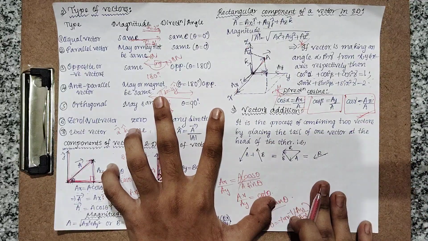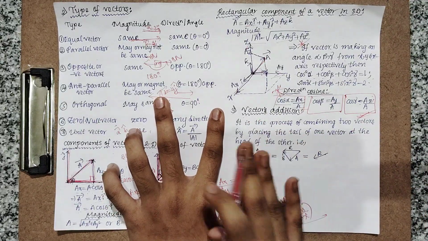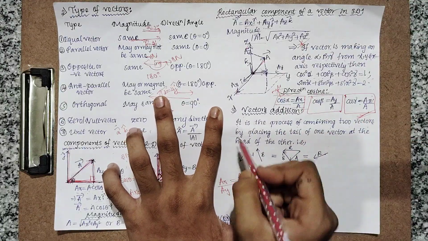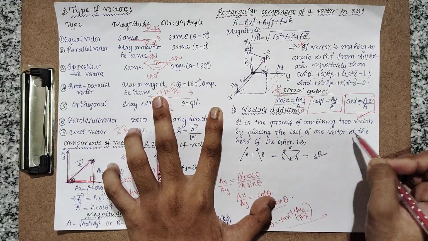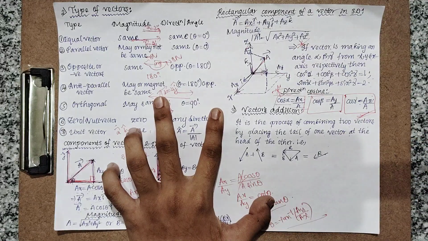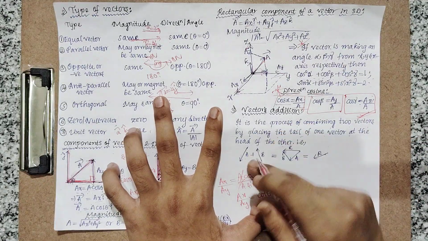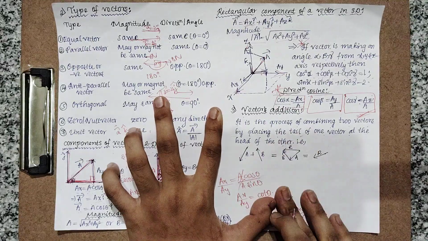Now coming to vector addition. This is one of the important ones. It is the process of combining two vectors by placing the tail of one vector at the head of the other vector. Simply, let us say here you have a vector a bar and here you have a vector b bar.